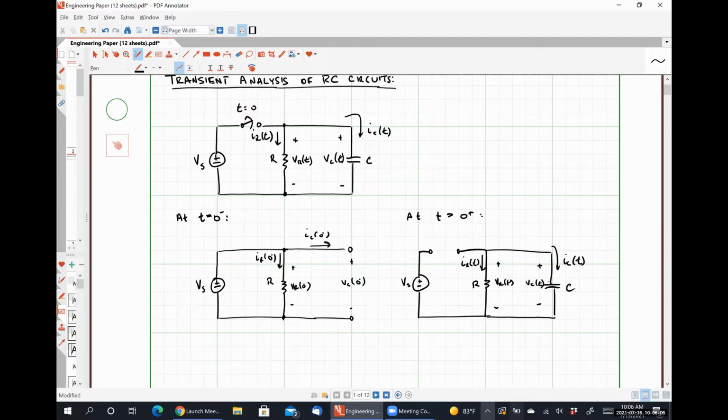So we have an extraordinarily similar situation as to what we saw in our RL circuits on Tuesday.